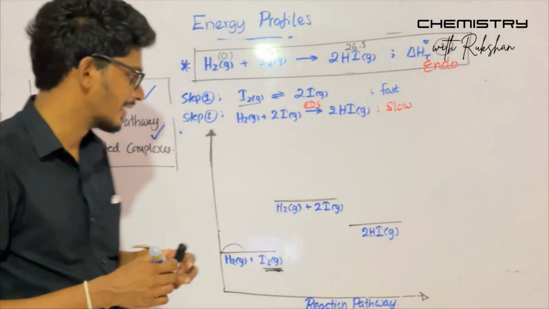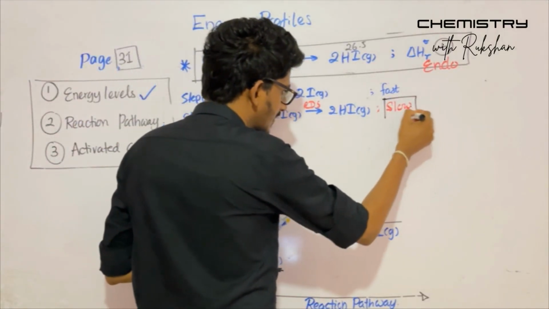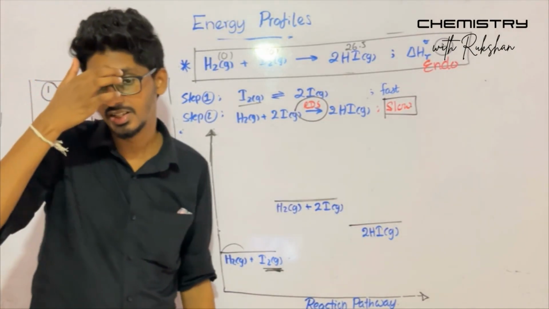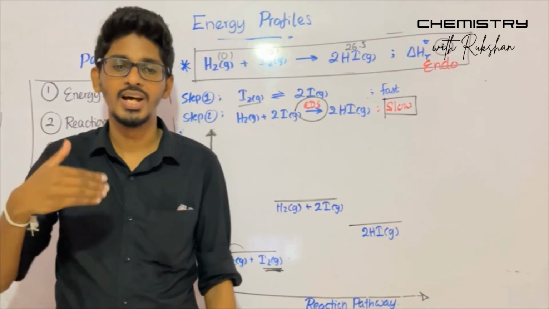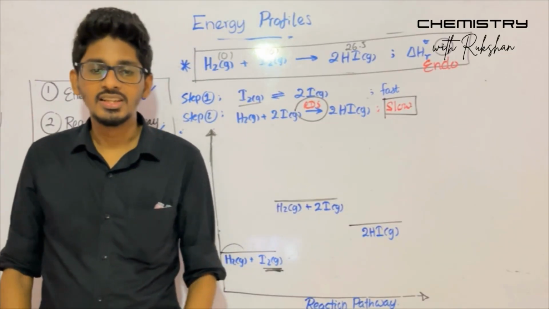In this case, the second step is your slowest step. So the second step should have a greater height, a greater activation energy than the first step.